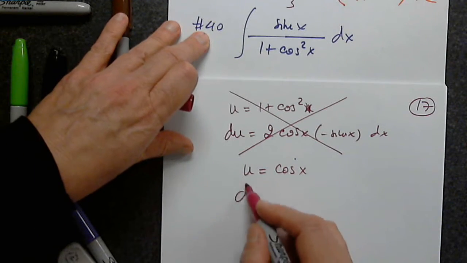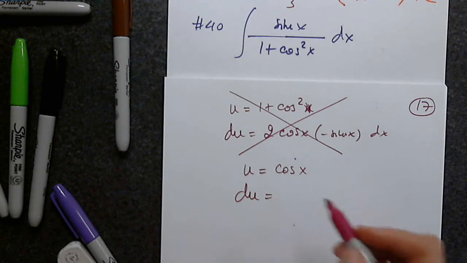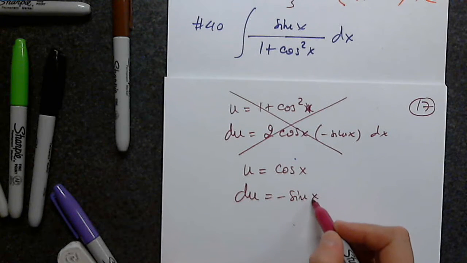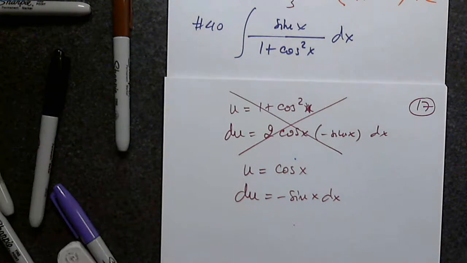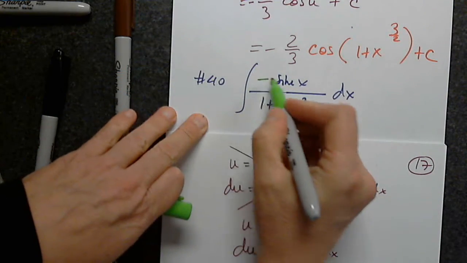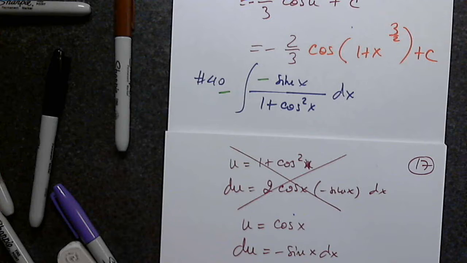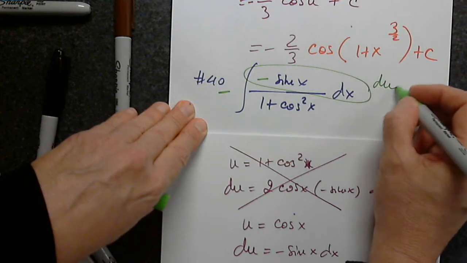So then du, the differential of u, equals negative sine x dx. So now I go back to the problem, to the integral, and here's what I see. I have no difficulty with this. Multiplying by -1 twice. And this is our du.